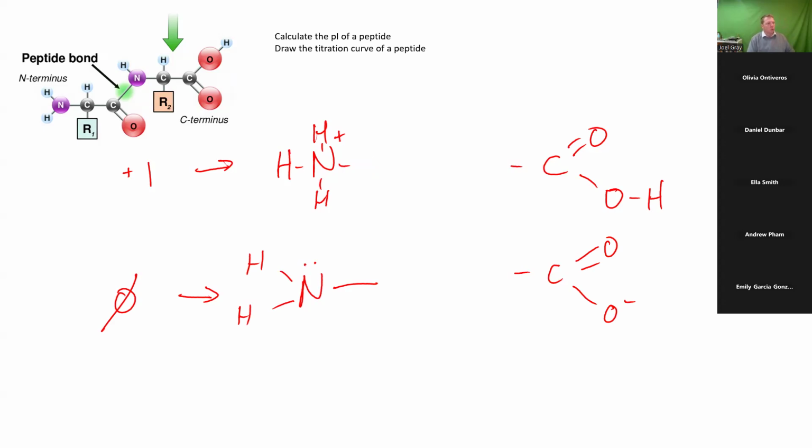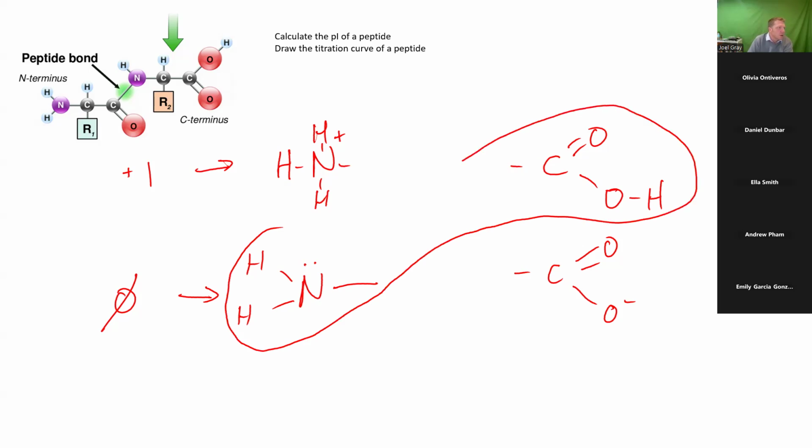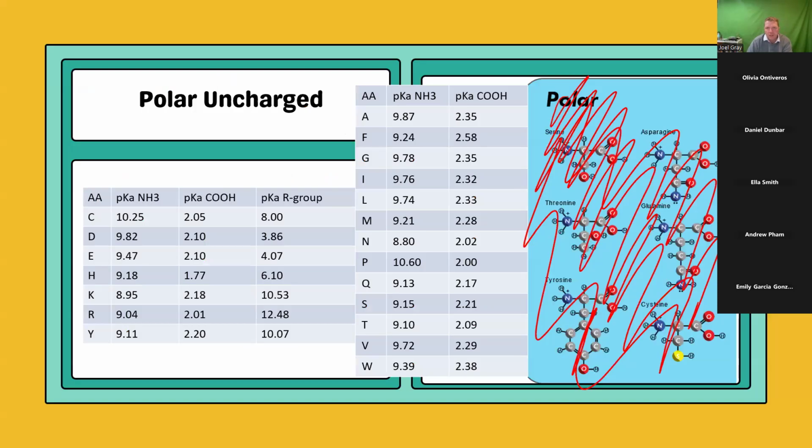Okay, so one thing that I want to make clear is that in this combination of the N termini and the C termini, you will never see the C termini protonated and the N termini deprotonated. And the reason for that is the pKa of your N termini, and I'll jump back a slide to show you.